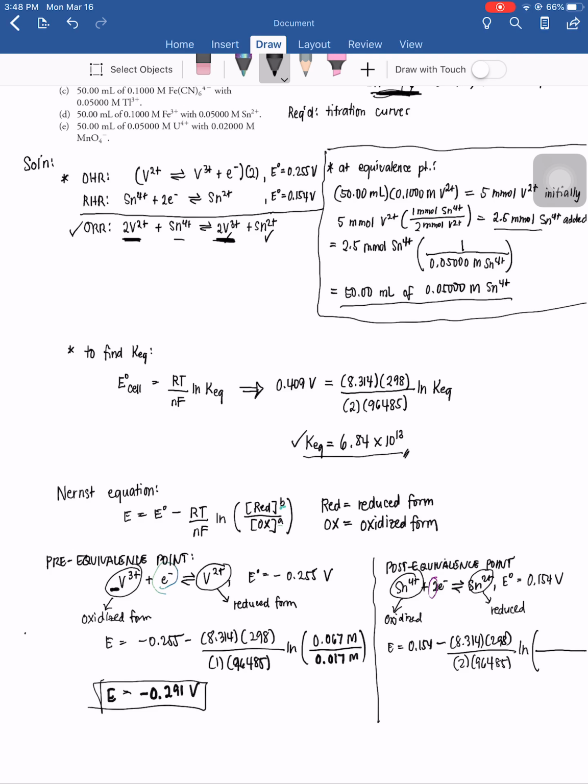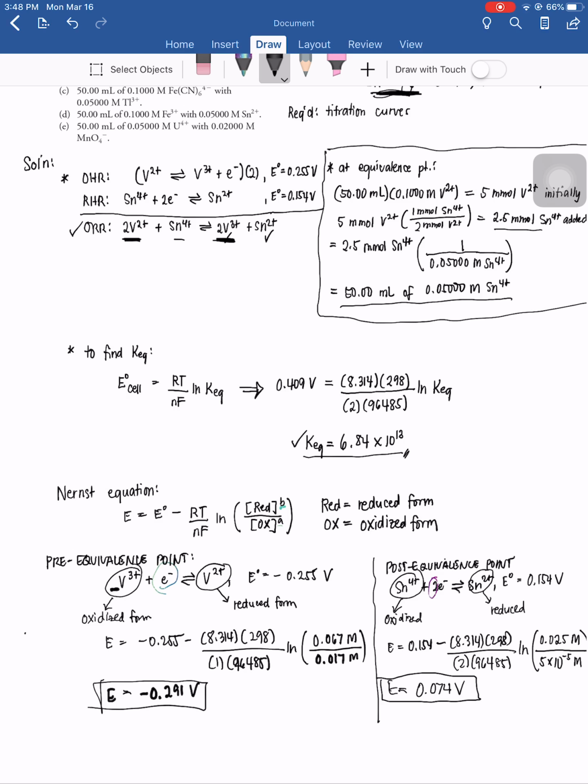So the tin 2 has a concentration of 0.025 molar, divided by the concentration of the oxidized form. The oxidized form, we've computed it already in our third video. That's 5 times 10 to the negative 5 molar. So plugging in the values now to our calculator, I should have gotten E here equal to 0.074 volts.